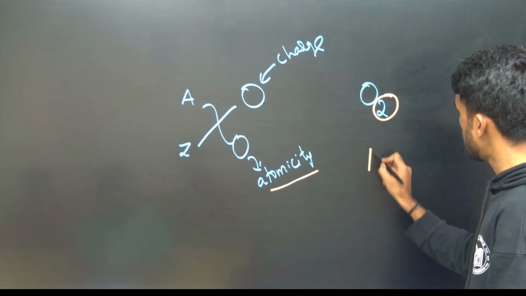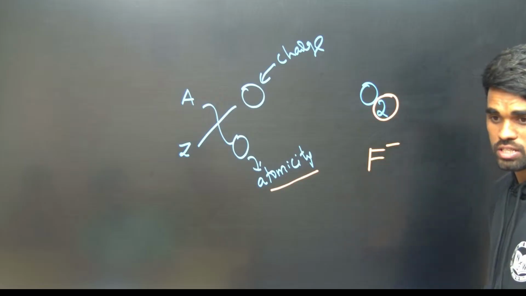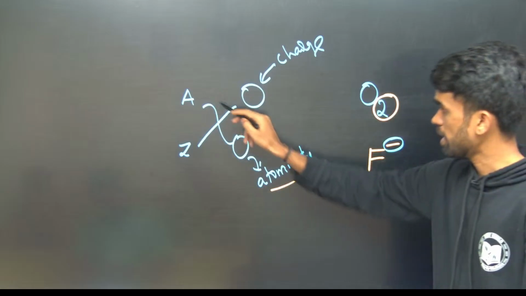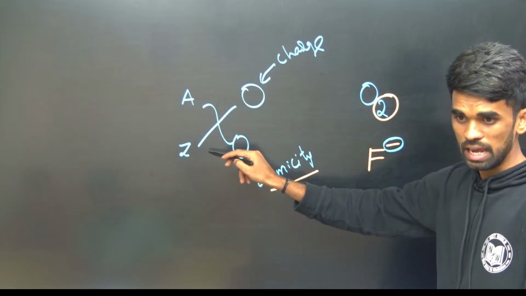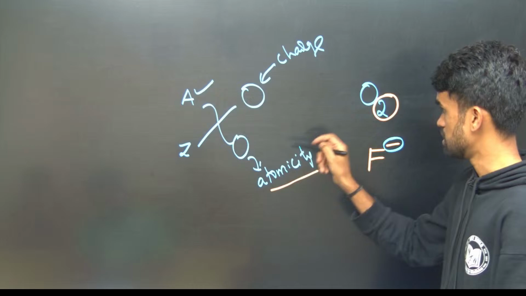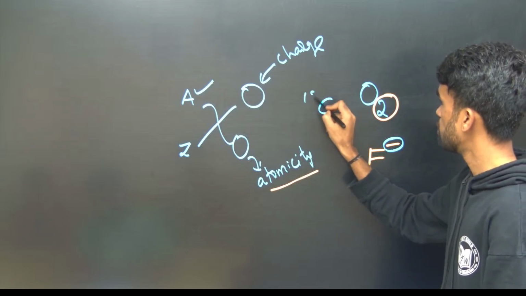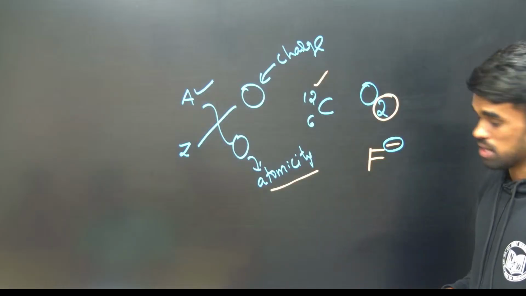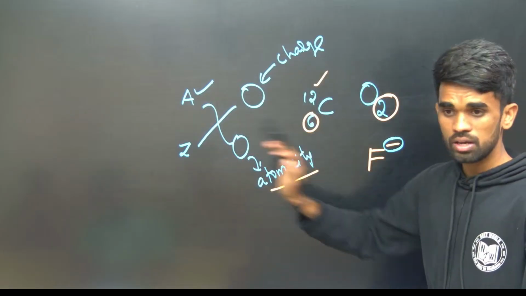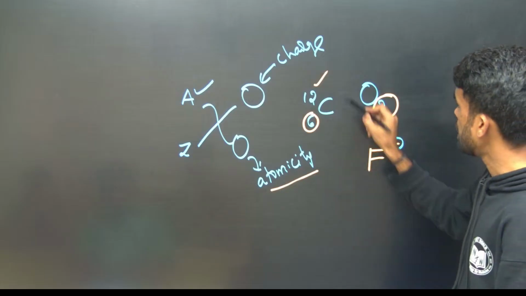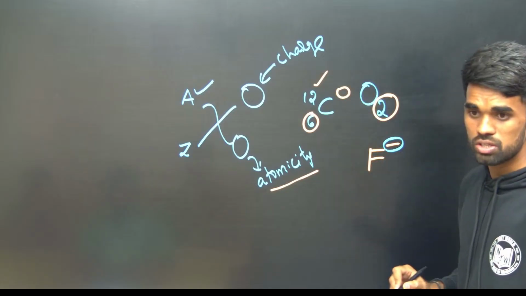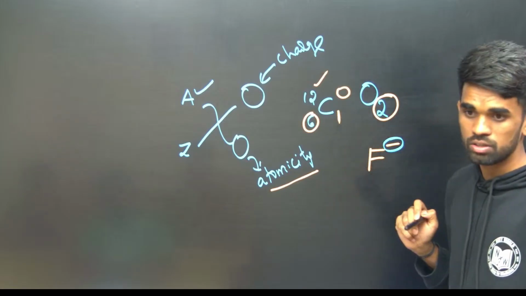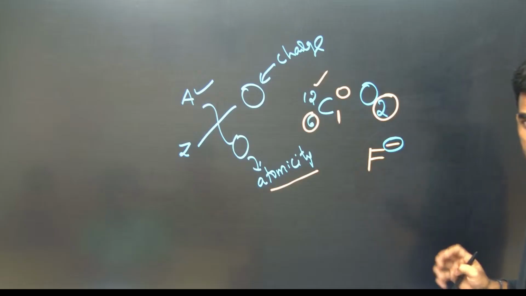And if I write F minus, what is the charge here? Negative. So the charge we are indicating here. So X indicates the symbol of an element, where A indicates mass. For example, carbon 12, 6 we are writing. So 12 indicates mass and 6 indicates atomic number. And is there any charge? 0 charge. So it will be 0. And what is the atomicity here? 1. That's it. This is the standard representation.